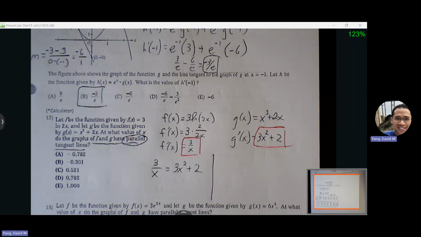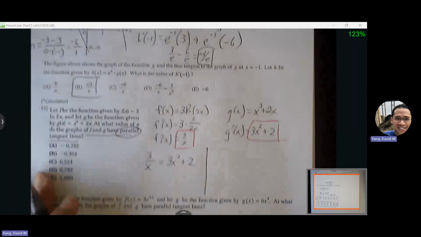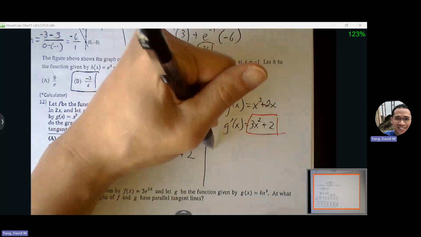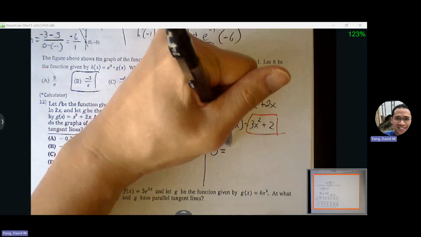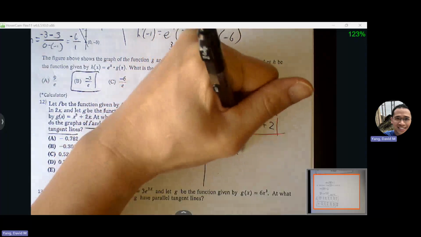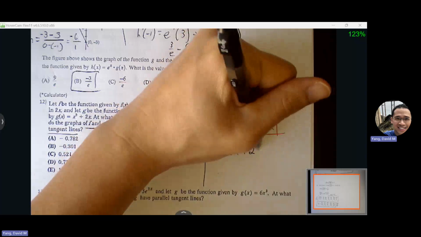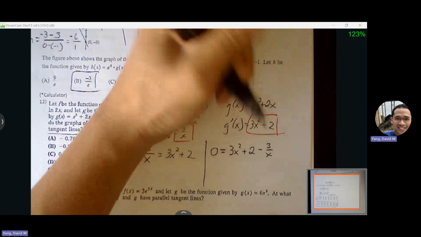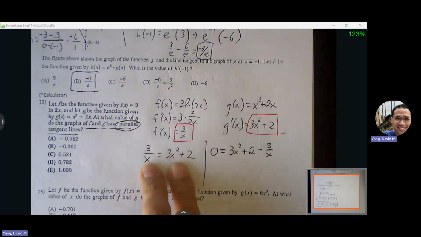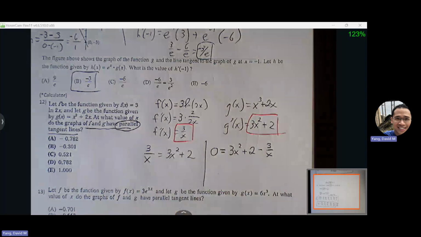What we can take advantage of, especially if we don't have easy algebraic skills, is let's just bring everything to one side. We know that we can always look for the x-intercept. I think I prefer that way. Another way that you can do it is graph both curves and see where they intersect, but then you may have to search along your graph to find that intersection.